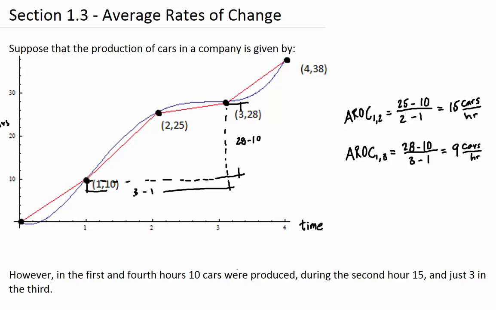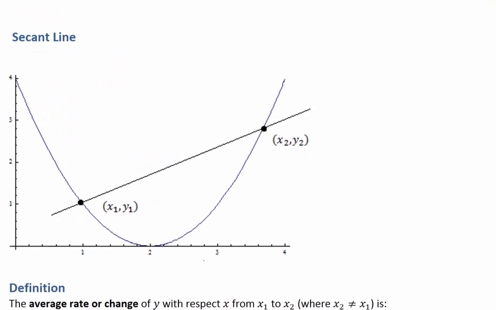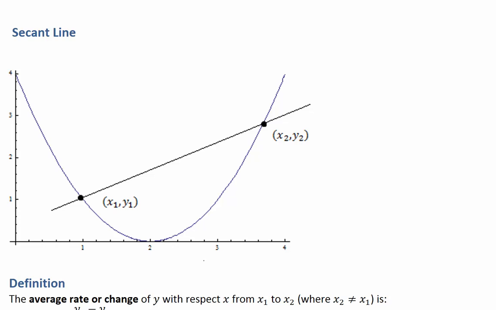So with this in mind, we can now give a definition for the average rate of change. To do this, let's look at this graph. Suppose that you have a function, say y equals f of x.